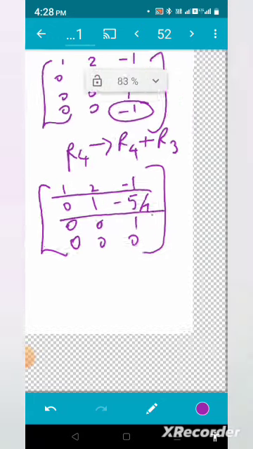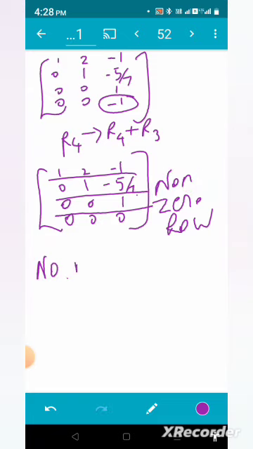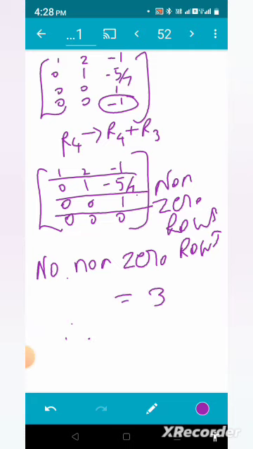These 2 rows are, sorry, these 3 rows are non-zero rows, because the last row has all numbers 0, so we choose only non-zero rows. So the number of non-zero rows is equal to 3. So therefore the rank is also 3.